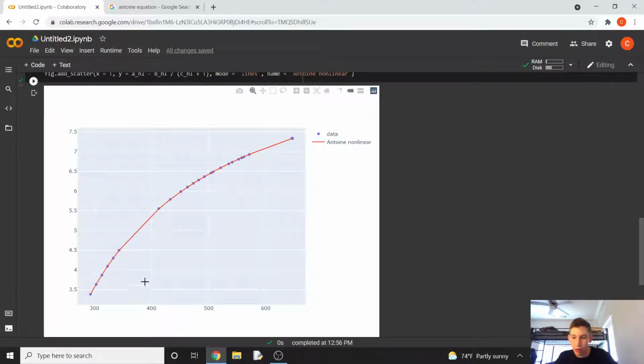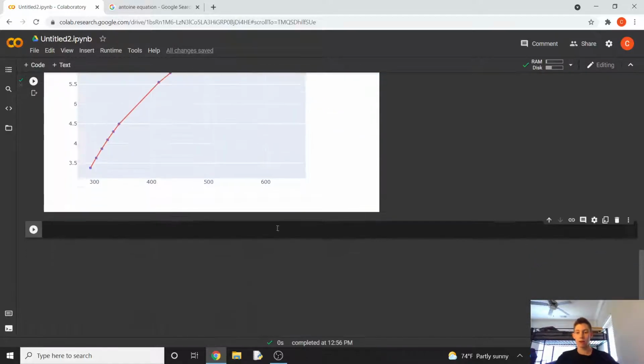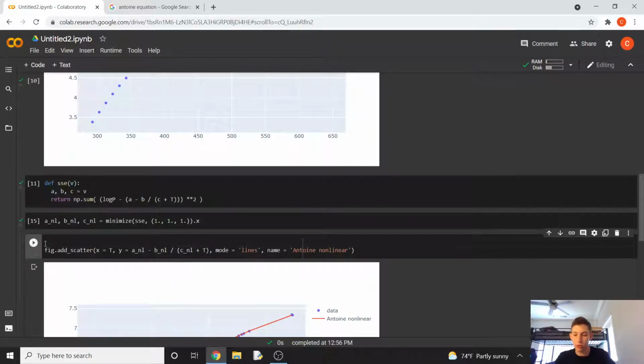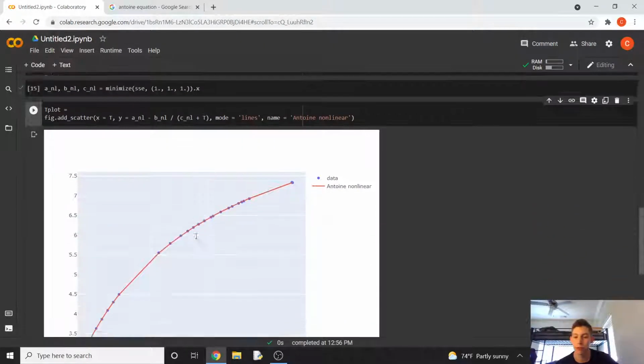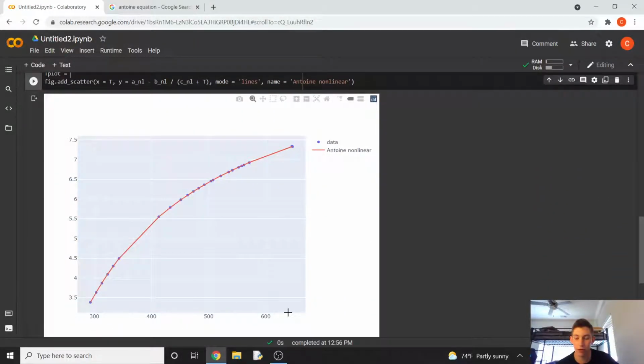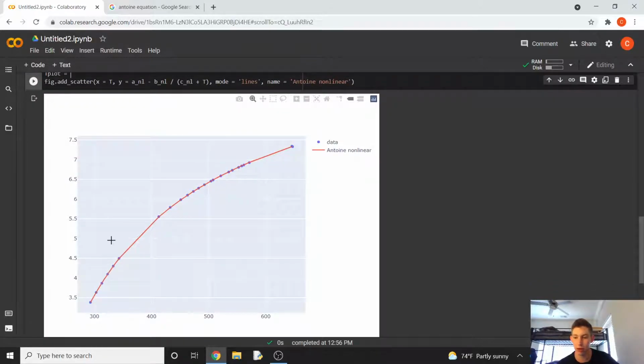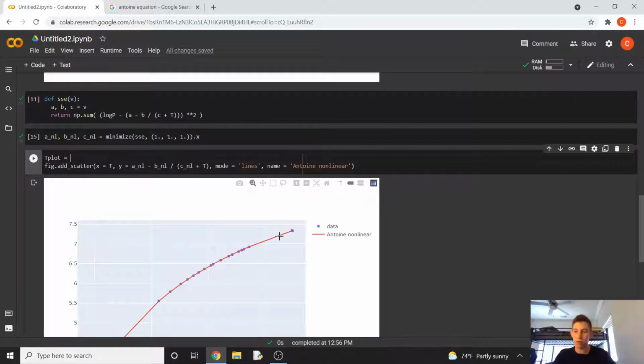Okay, so as you can see, it's sort of connecting line segments between the different data points. So a way we can fix that, or make the curve a little smoother, is adding several different data points other than these ones here, because temperature is the independent variable, so we can calculate the different vapor pressures based off of that, and it would still fit within the curve.